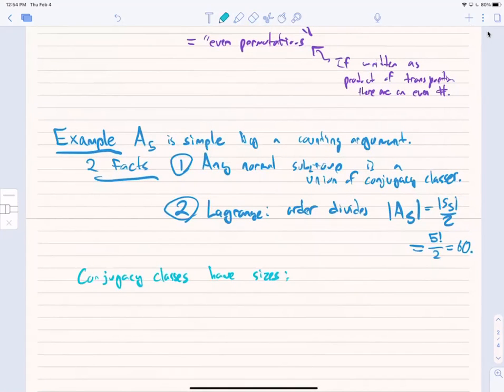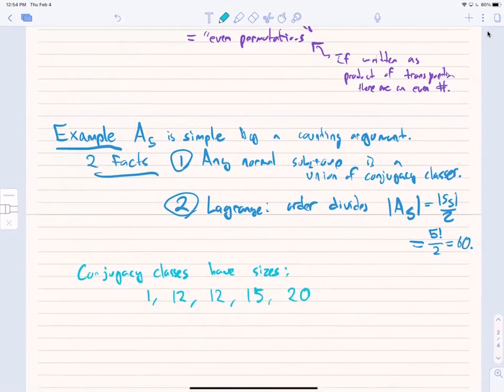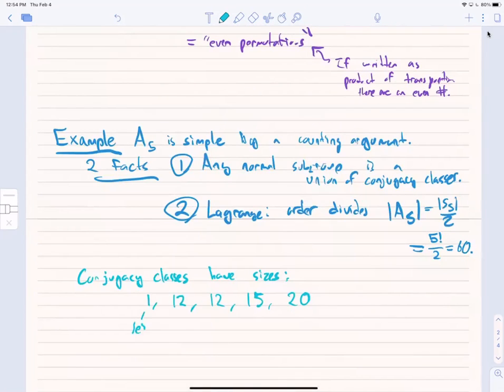The conjugacy classes have sizes 1, 12, 12, 15, and 20. This is the trivial conjugacy class. This is the conjugacy class of a product of 2 transpositions. This is the conjugacy class of 3-cycles, and these are both conjugacy classes of 5-cycles.